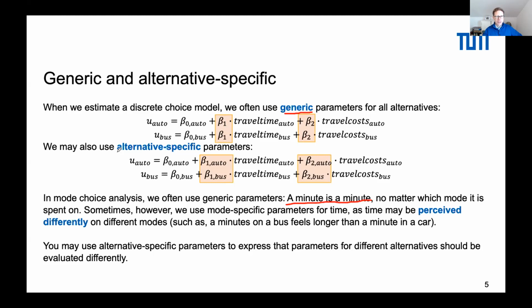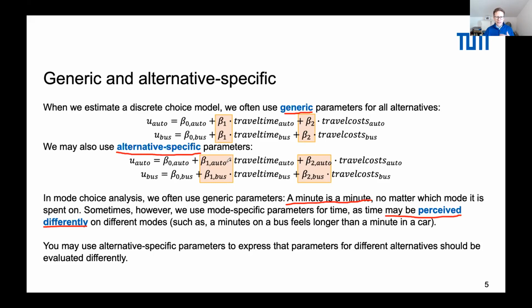But sometimes people argue for alternative specific parameters, where the argument is it should be mode specific, as time may be perceived differently on different modes, such as a minute on a bus might feel longer than a minute in the car. And this goes back to those unincluded attributes that we cannot describe really well, such as the comfort level of the car, to have the car for yourself and to be able to sing along to the radio, which you usually would not do in a bus.